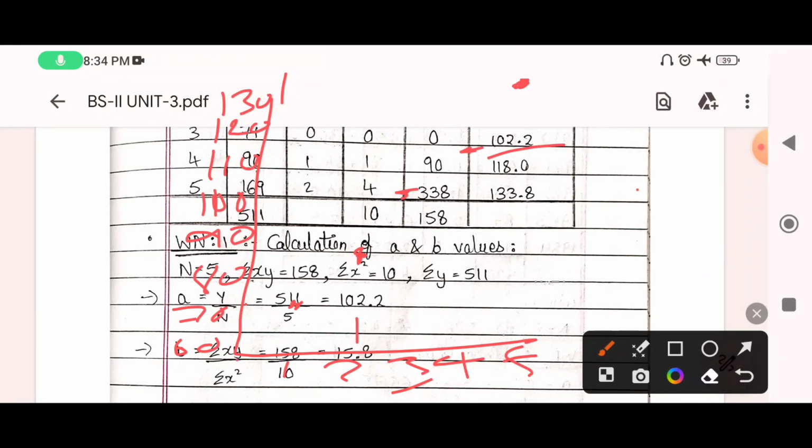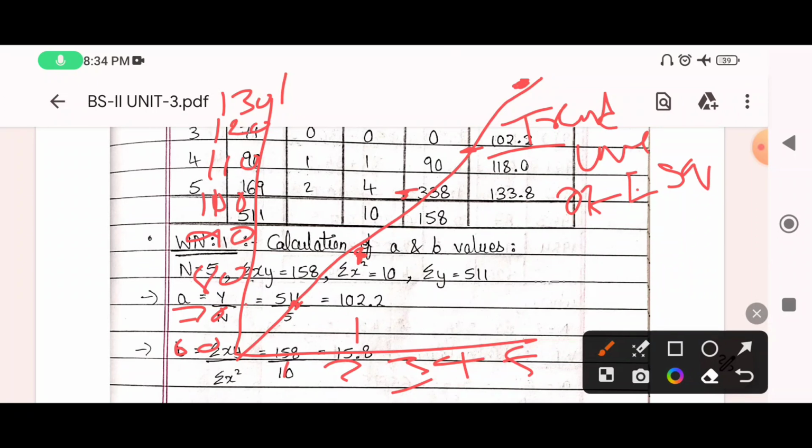Okay, so draw this as the trend line of least squares. And one more line you draw with the original values, whatever original values are there.